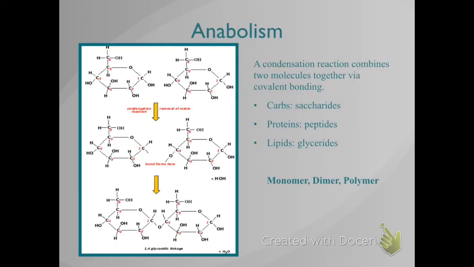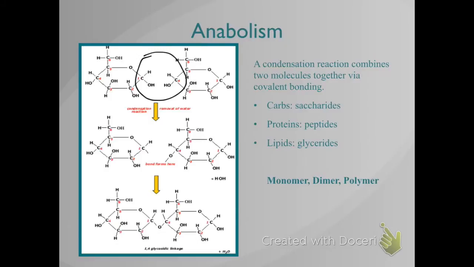So we'll start by looking at the building up process. Combining monomers of carbohydrates, proteins, or lipids is called anabolism. So this is a building process, and the building process is accomplished through a reaction called a condensation reaction that combines two molecules together via covalent bonding. So when the condensation reaction occurs, we've got two groups that are going to interact right here.